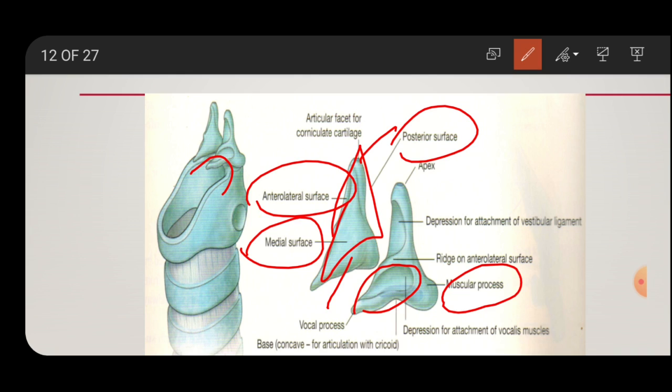The anterior angle of the base projects forwards as the vocal process, where two ligaments are attached, that is the vestibular and vocal ligaments.